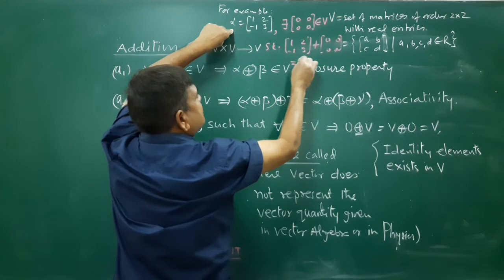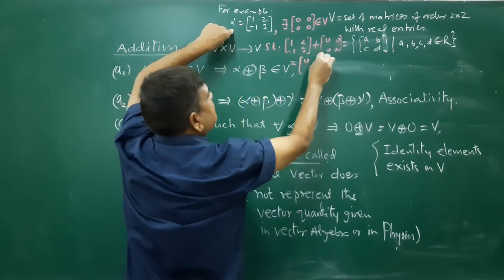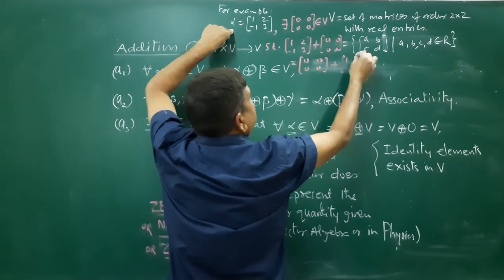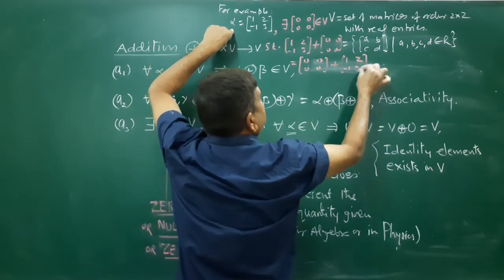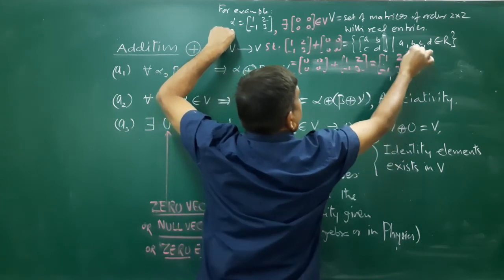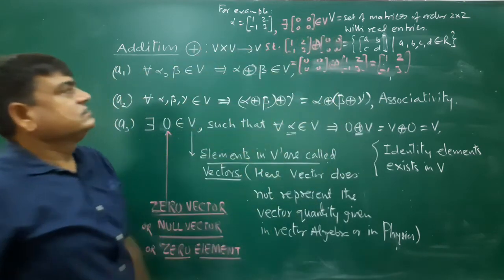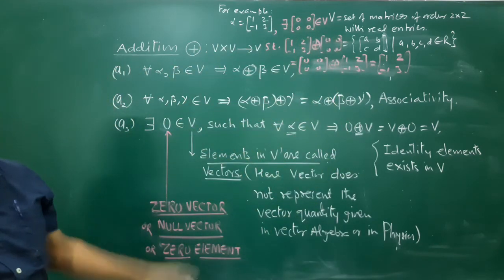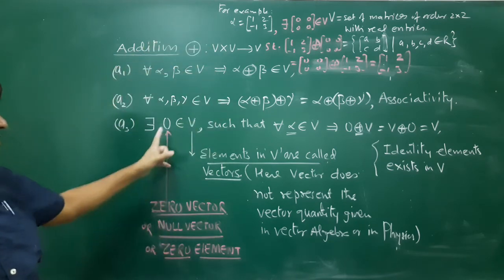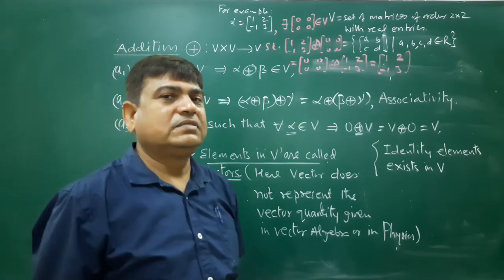If you find the answer, you will find it is the same matrix. This is the operation. Look carefully. This is not 0. It looks like 0.